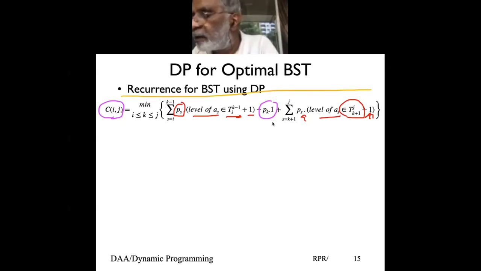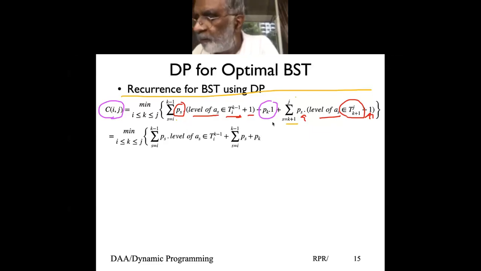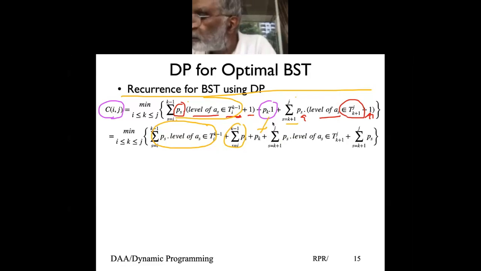Now look at this: the 1 within is a constant, so I can take it out. So Ps, where s varies from i to k minus 1 for the left subtree, and for the right subtree s varies from k plus 1 to j. If you take the one out, you get this first part here, plus this one you get here, plus this is Pk, plus you get this part here, and this one basically comes here.